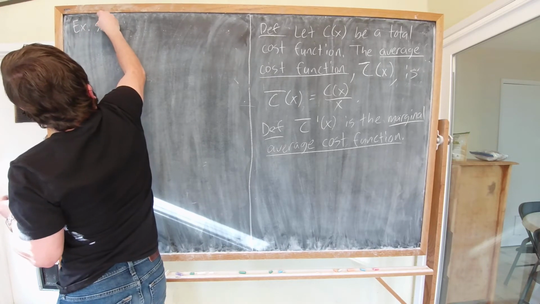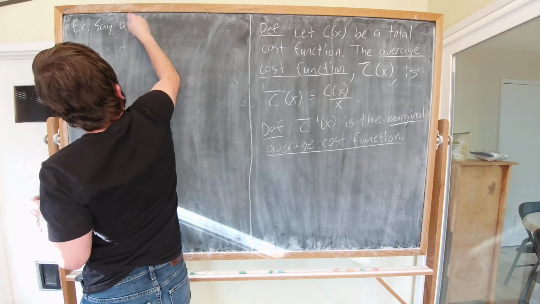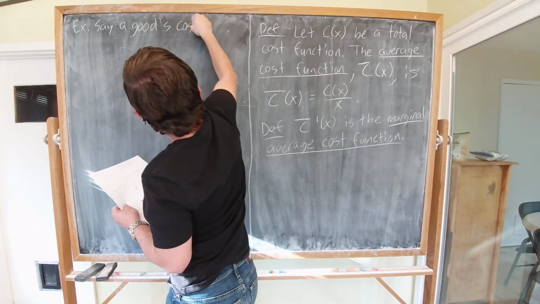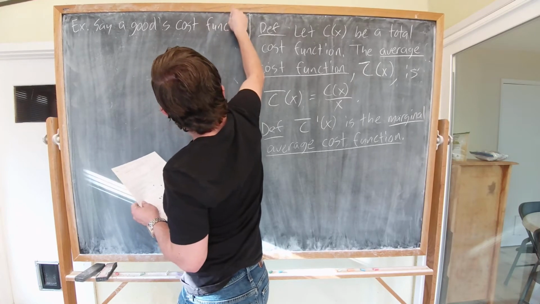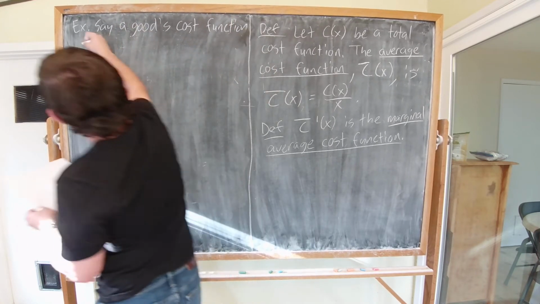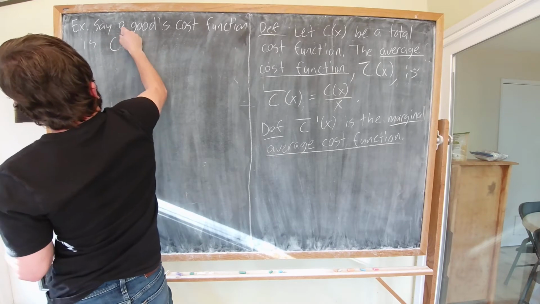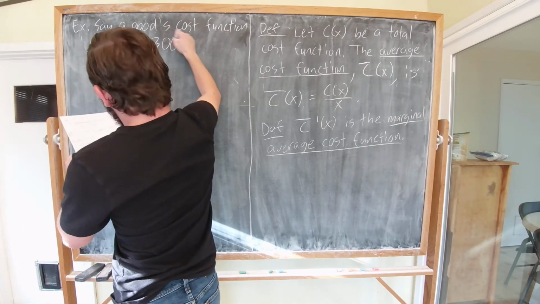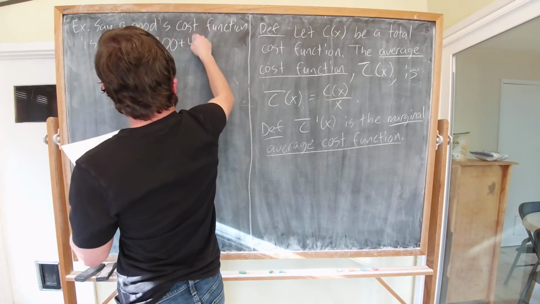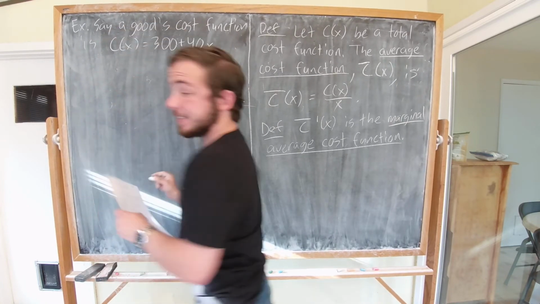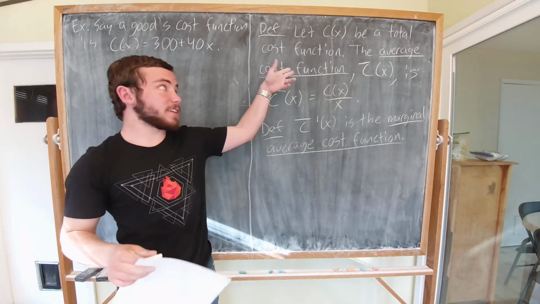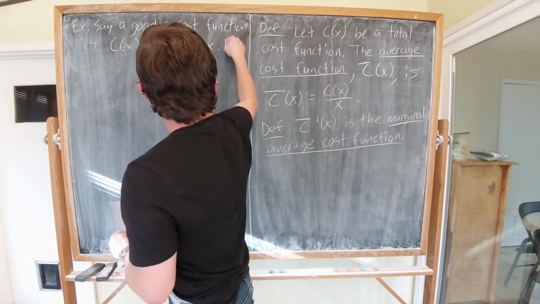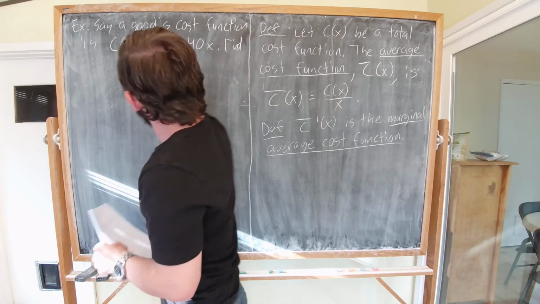Let's say a good's cost function is C of x equal to 300 plus 40x. And let's find both of these things, the average cost function and the marginal average cost function.